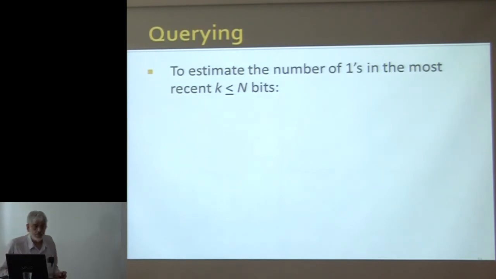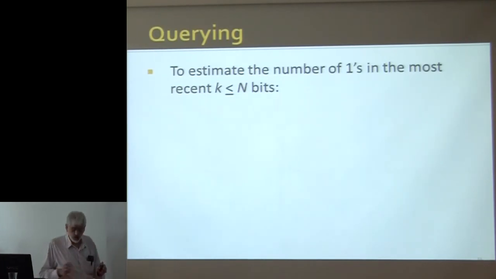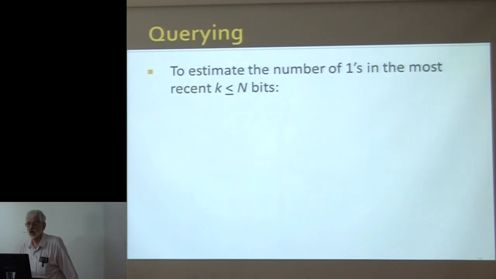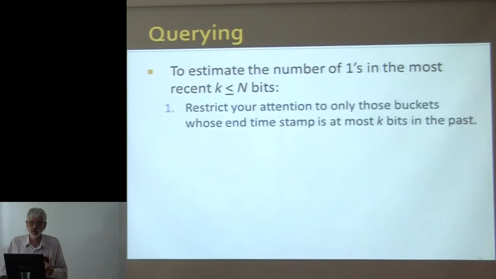Now, given that I'm representing things by buckets, how do I estimate, how do I answer the query? How many 1s are there in the most recent k bits for some value k?